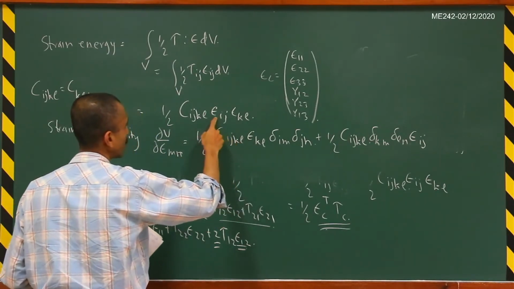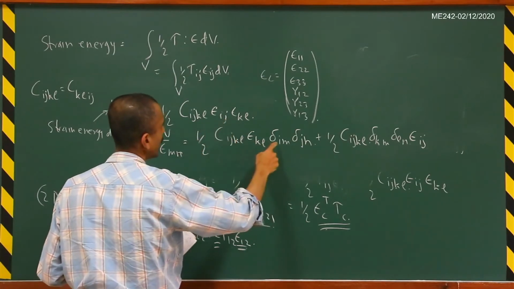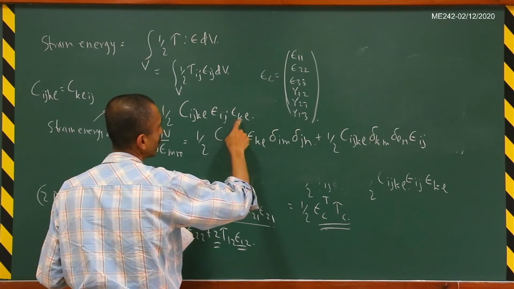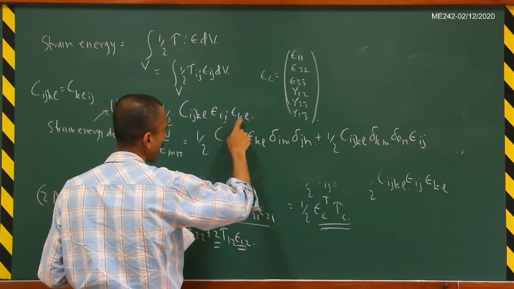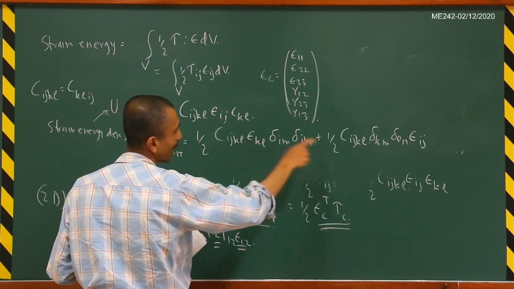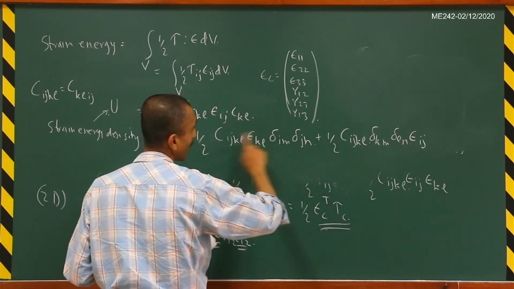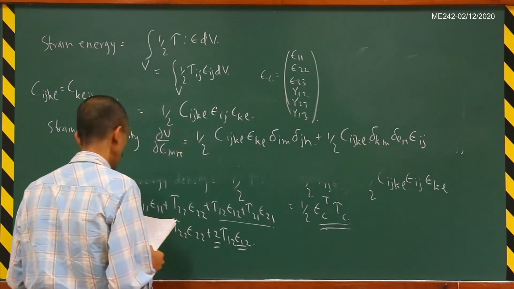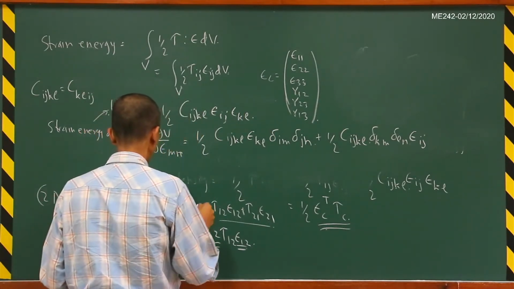When you are differentiating ij with respect to mn, you will get delta_im delta_jn. Similarly, when you are differentiating kl with respect to mn, you will get delta_km and delta_ln. So that is what is written. And then after this point, you can just use the substitution operator property.